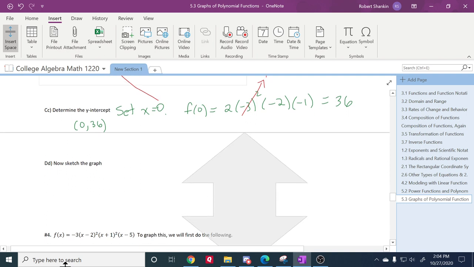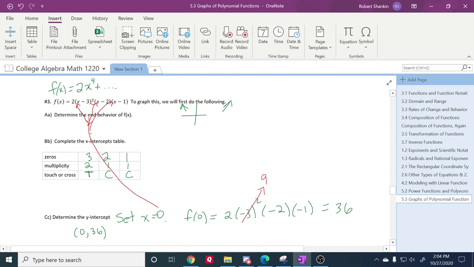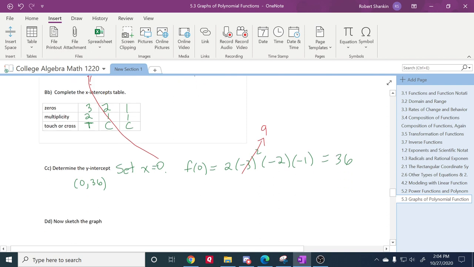And how do we sketch this graph? All right, so I need to have my graph go up 36 high to have a y-intercept of 36. And I just need 1, 2, and 3 along the x-axis.